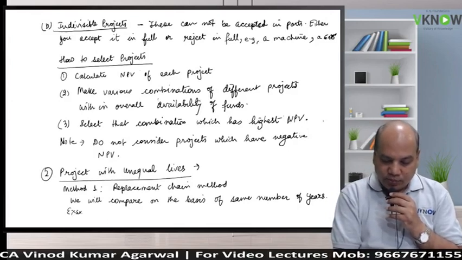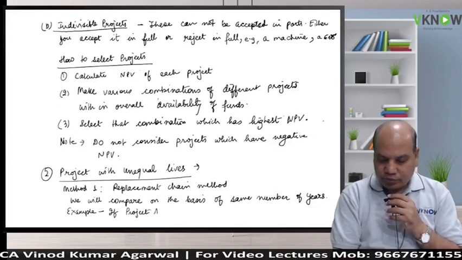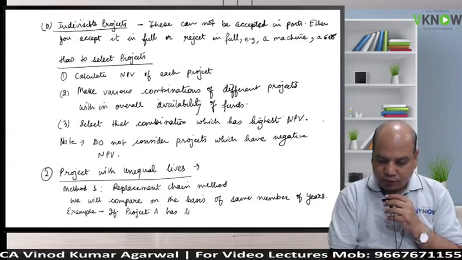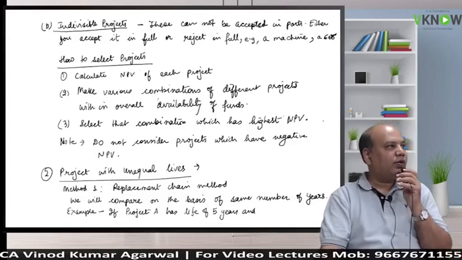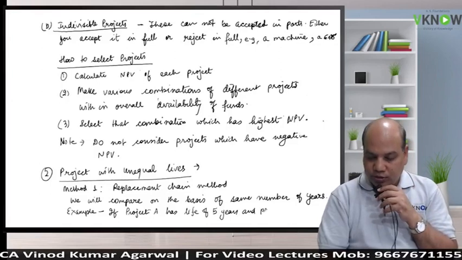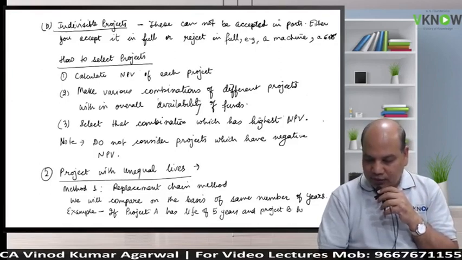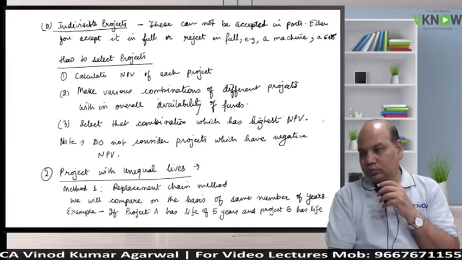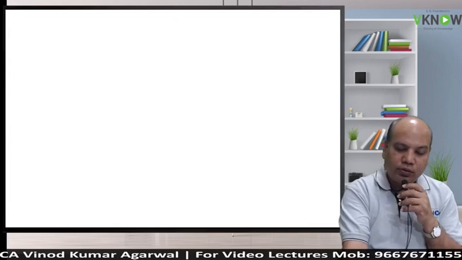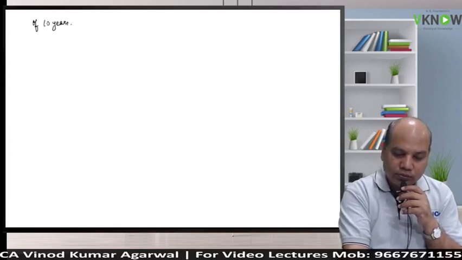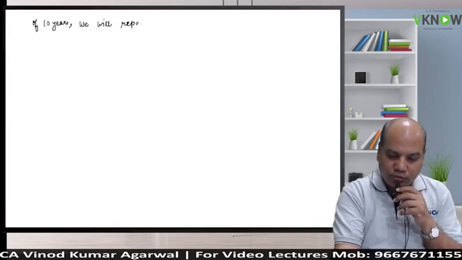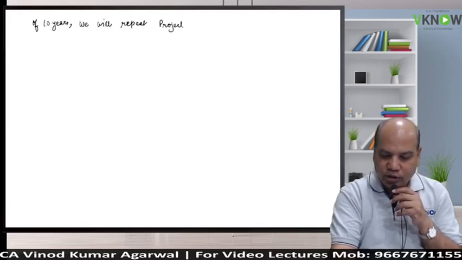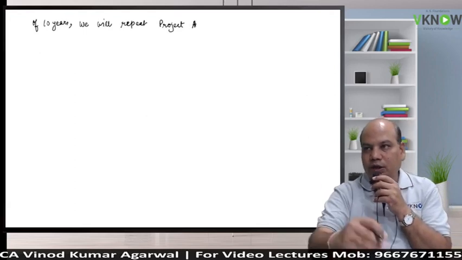For example, write down an example. If project A has a life of 5 years and project B has a life of 10 years, we will repeat project A how many times to make them comparable? 5 year, 10 year.